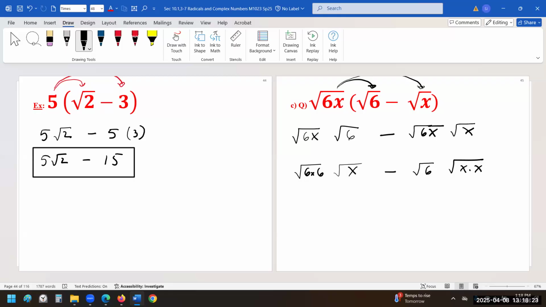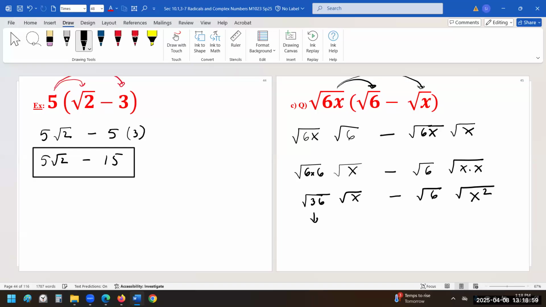When you multiply number and variable inside the radical, split them so that you can see how each of them can be simplified. Now 6 times 6, what do you get? 36. So square root of 36 times square root of x minus square root of 6 times x squared. So you multiply the numbers, you multiply the variables, and now it's time to simplify.